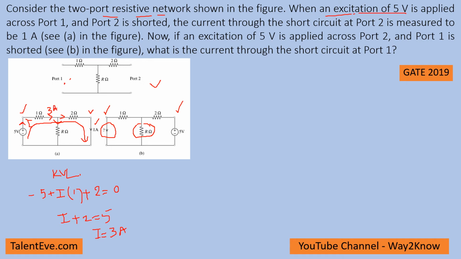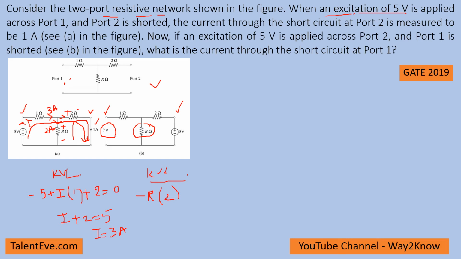We know that this is 3 amps and this is 1 amp. That means the current passing through this node is 2 amps. Now using KVL in this loop, minus R, because R is the resistance, and 2 amps into R is IR.